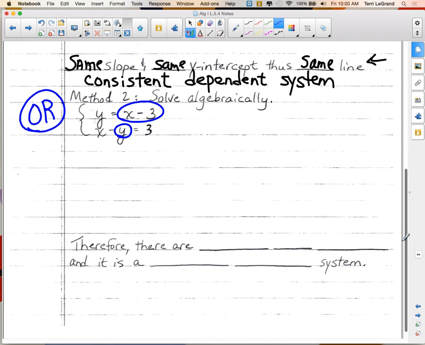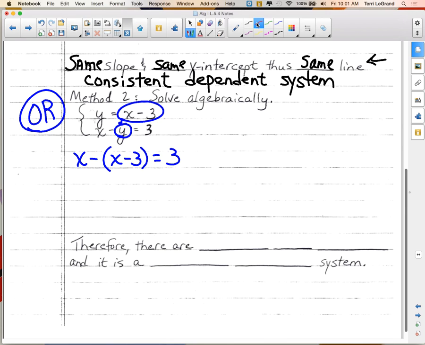Okay, so let's go, and we're going to substitute into this equation. So we have x subtract x minus 3. So we're subbing into that second equation. Oh goodness, we have parentheses and all kinds of subtraction going on. This gets a whole lot of us in trouble.